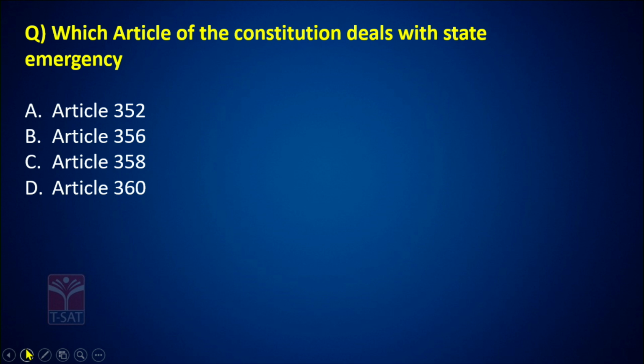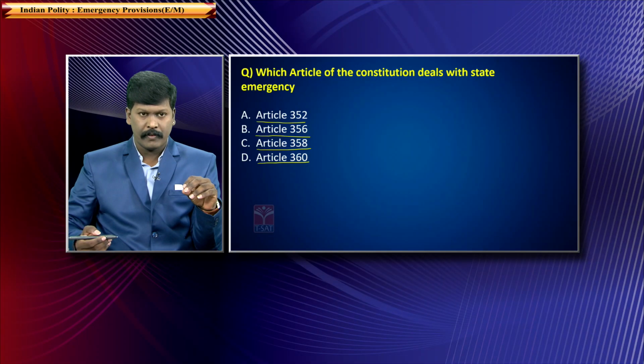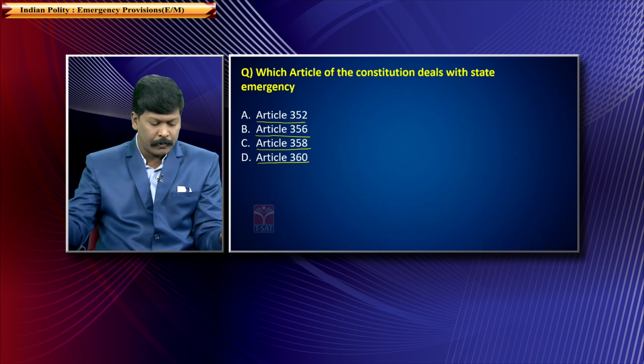Which article of the Constitution deals with state emergency? What an easy question this is, because this was explained just before. 352, 356, 358, 360. Look at the screen. Let us decode all the articles. Now, what is Article 352?